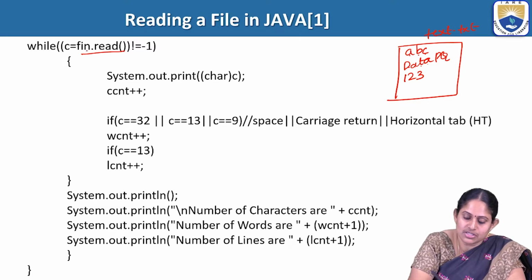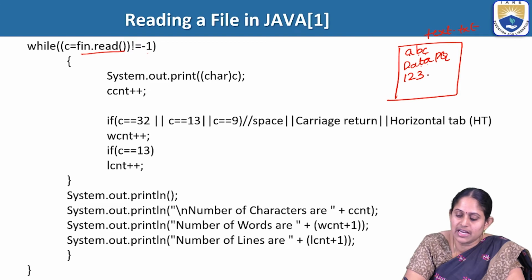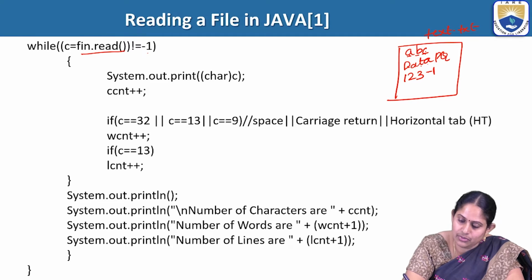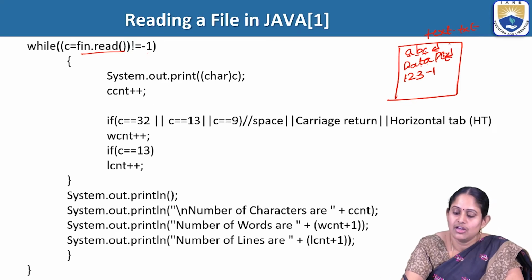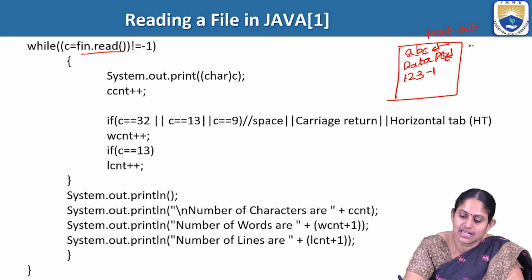This loop will continue until it reaches the end of file. It will read each character. So in total we get 1, 2, 3, 4, 5, 6, 7, 8, 9, 10, 11, 12. And here we have an enter, and here also we have an enter. This enter is taken as 2 characters.